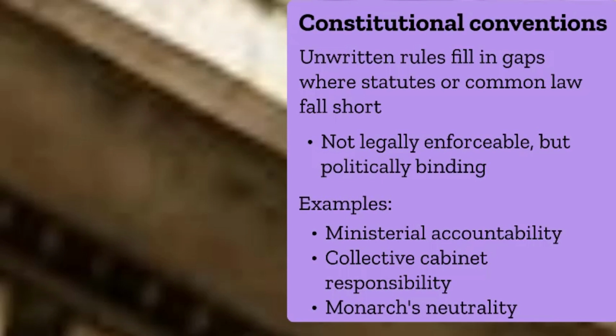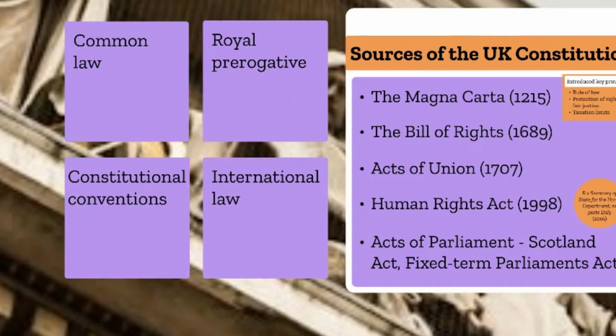So the monarch must remain neutral. And again, these are really important in maintaining balance and trust in the general governance system. If the monarch is coming out and saying that they only want a government full of these sorts of people, etc., then that's going against the unwritten constitution of the country.